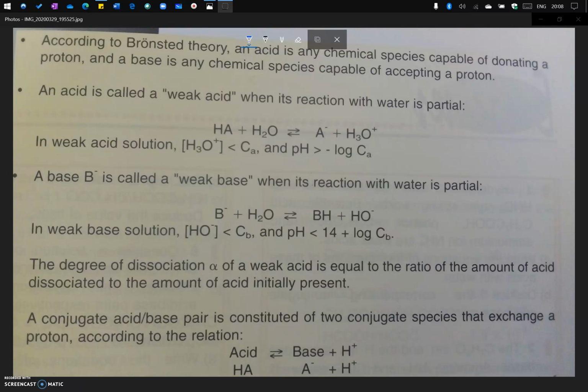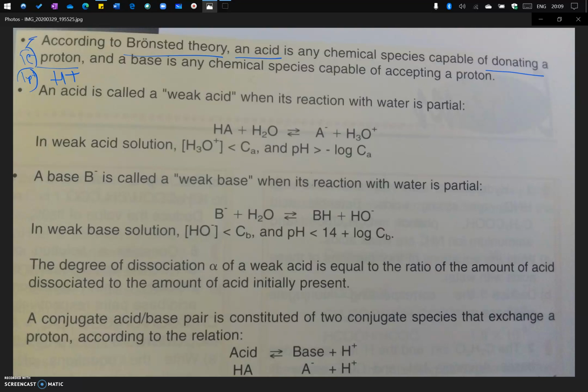So, in general, an acid, according to Bronsted theory, is any species capable of donating a proton. A proton means H+, or H3O+, because H+ is just made of a proton. So hydrogen, I think you know that, is made of one proton in the nucleus and one electron.